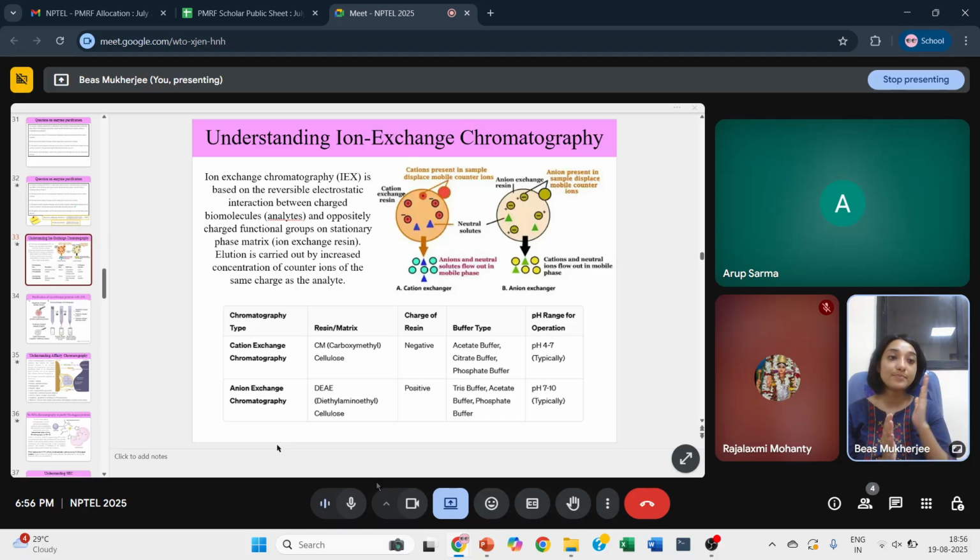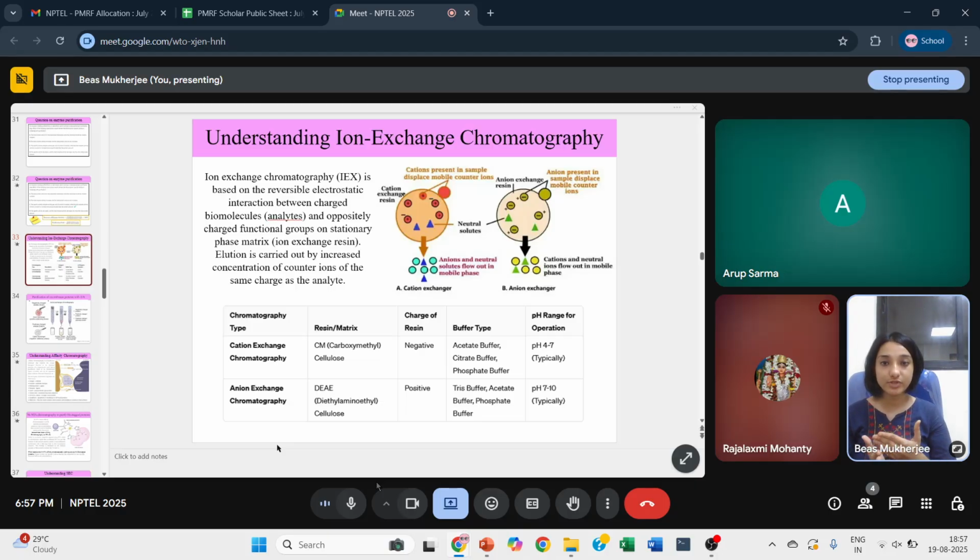So when the pH is kept in this range relative to the PI, then the protein is going to be positively charged. Okay, so in the first class we talked about amino acids, we talked about the PI and the pH, right?